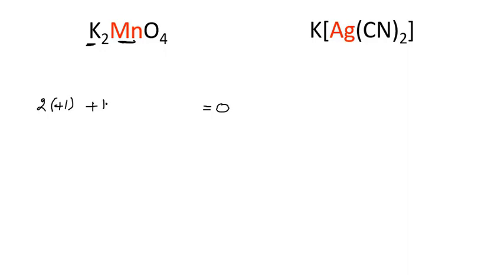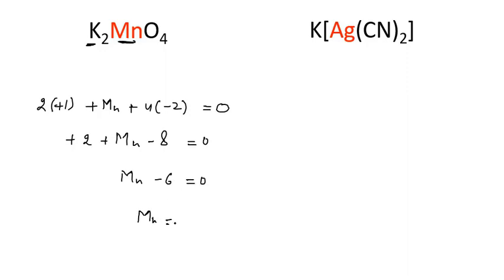Then we have manganese, and here we have 4 oxygens, and oxygen is of course -2. We can simplify: it is +2, then manganese, then 4 times 2 is 8, and it is equal to 0. Then we get manganese, it is -6 is equal to 0. Then manganese is equal to +6. This is a very simple and interesting part. So you can see it shows +6 oxidation number.